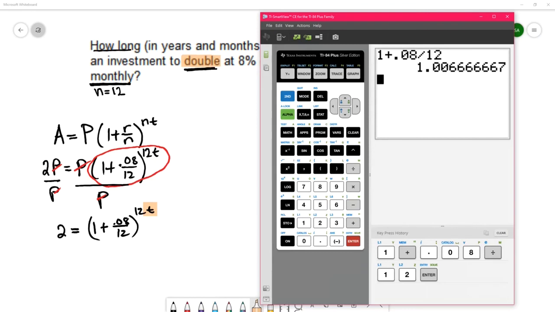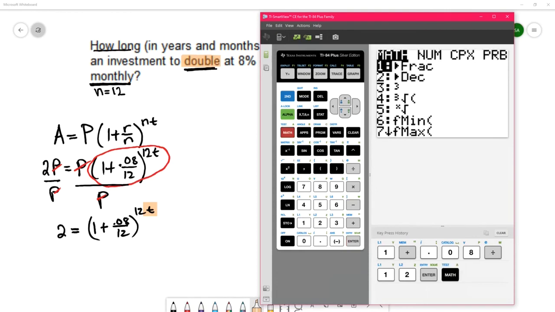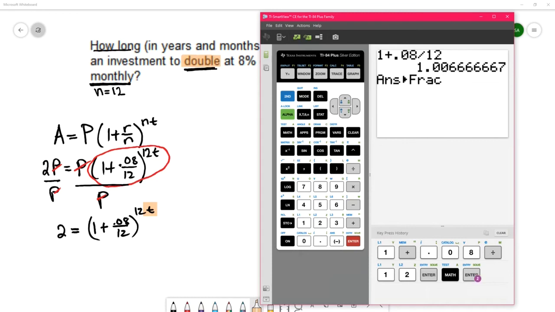Okay, so that is a repeating decimal. Let's see what that is as a fraction. I use math, frac, to convert it to a fraction, 151 over 150. I'm going to write it this way because if I write it as a decimal, it's going to round, and I prefer not to round until I get to the end. So I'm going to write 151 over 150.